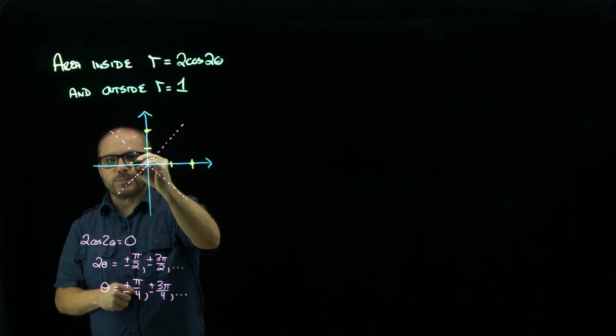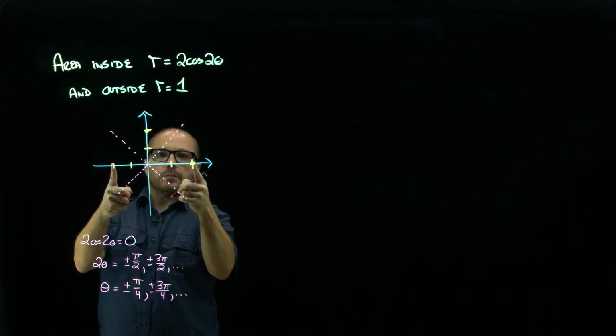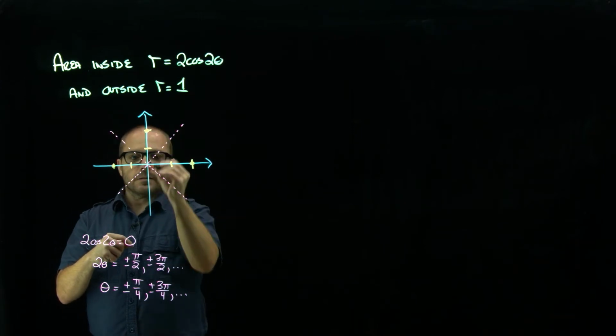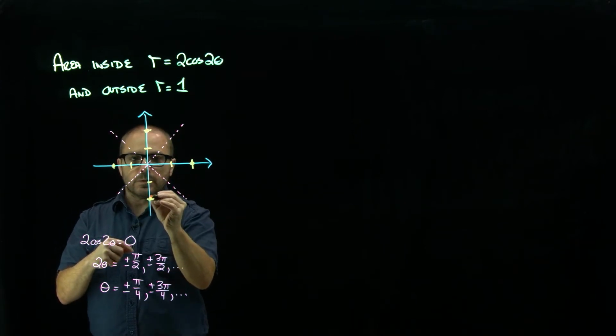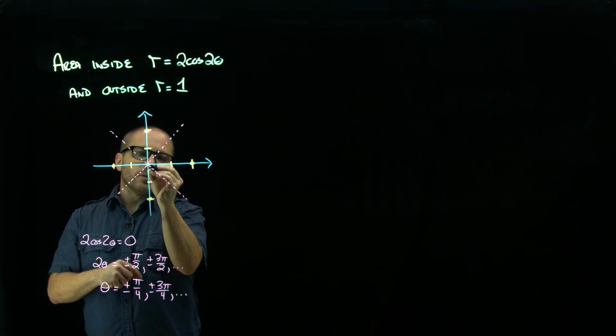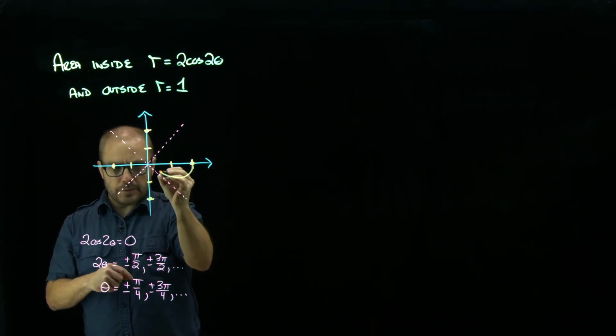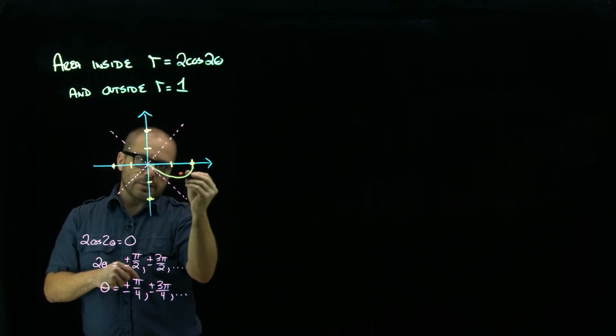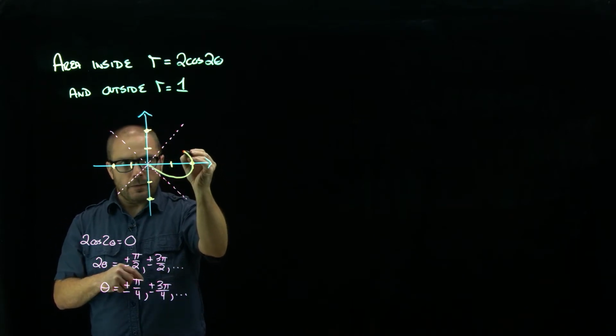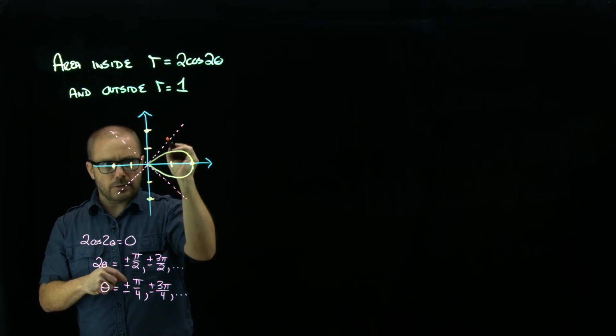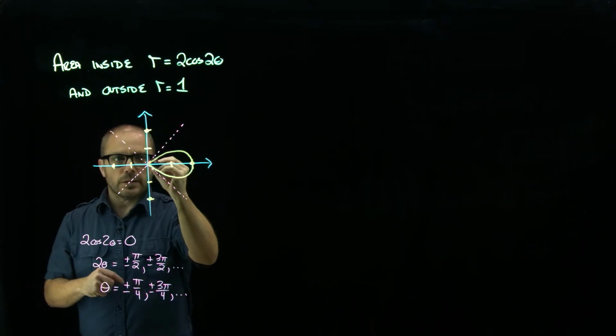Try and make it symmetric here. So try and draw your leaf so its max here is 2, and then it's becoming asymptotic to that dashed line as you enter the origin. And you'll get a rough sketch of.